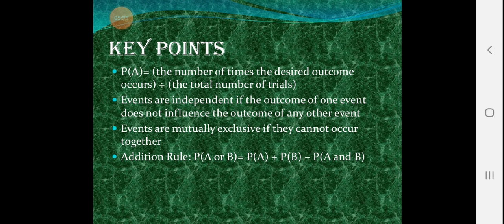For two different events, the addition rule is P of A plus P of B minus P of A and B, so we will get either P of A or P of B. This is a rule that you will only remember. We are not going to apply any application based on this rule. You might study this rule in class 10.